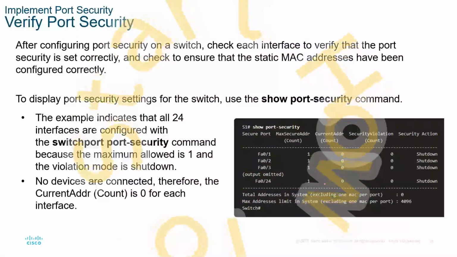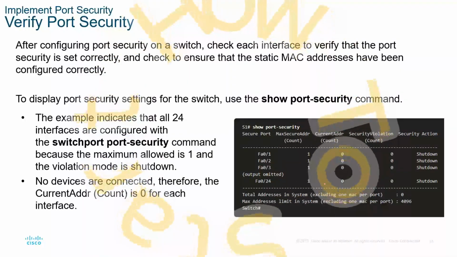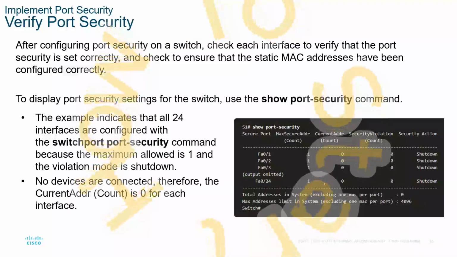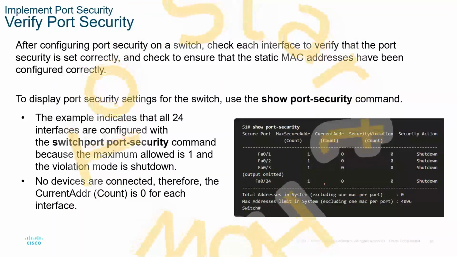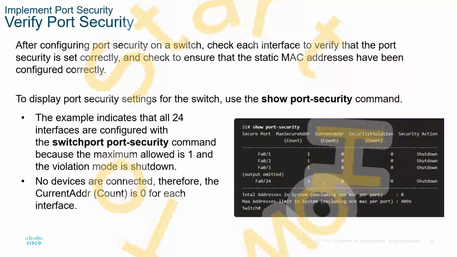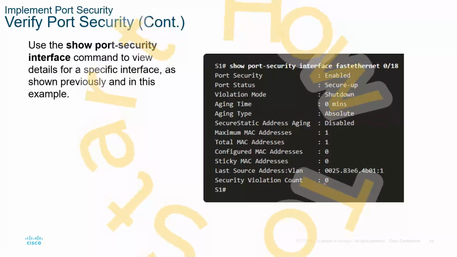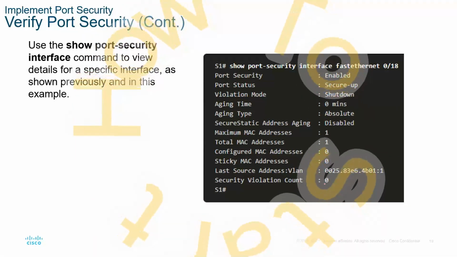With port security, we can also do just a show port-security, and we can see the ports. We can see the maximum secure addresses, current addresses, violations, and action count on a per port basis. We can do a show port-security interface and navigate to that interface for a little bit more detail.